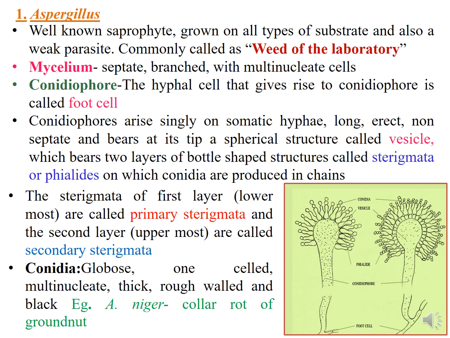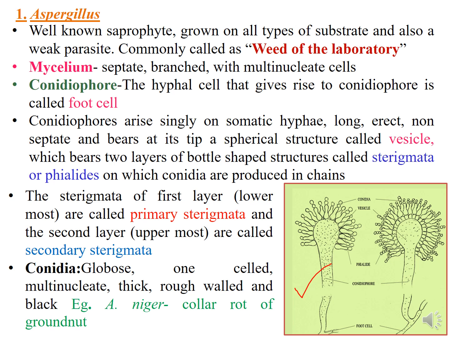Coming to the mycelium, how does it look? The mycelium is septate, that is septation is there, and branched, with multinucleate cells, that is a single cell consisting of more than one nucleus. It is coenocytic in nature, but here septate and branched. Coming to the conidiophore, here you can see in the picture, the conidiophore arises from a hyphal cell.